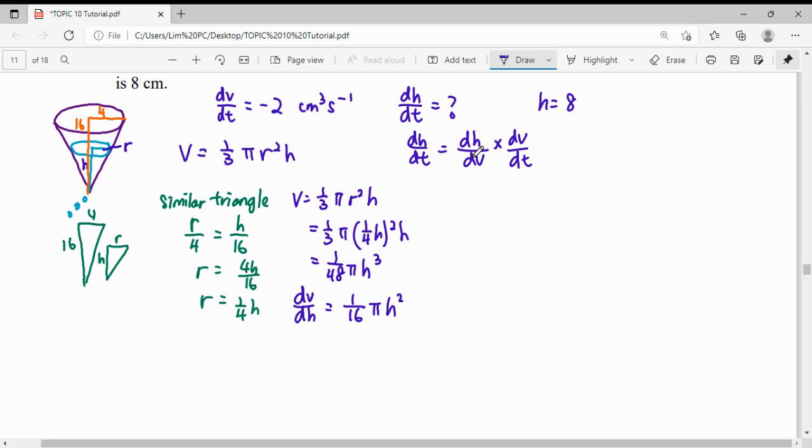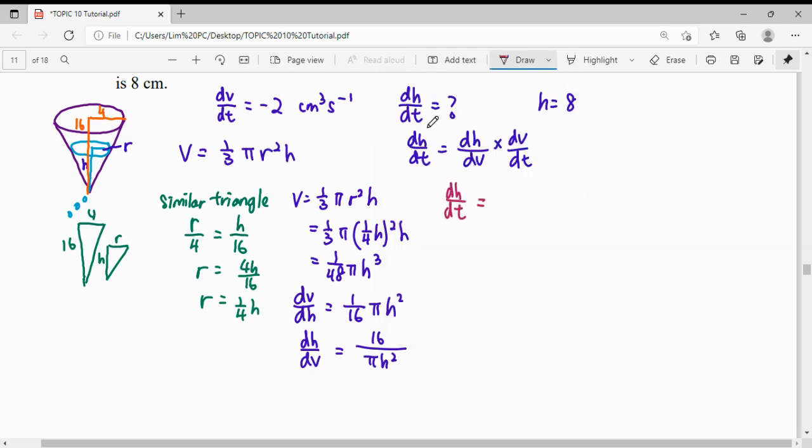What we need in the chain rule is dh/dV, so we are going to invert it. The denominator goes up and the numerator goes down, so it will equal 16 over πh². Then, after we get dh/dV and dV/dt, we can substitute into our chain rule in order to find dh/dt.